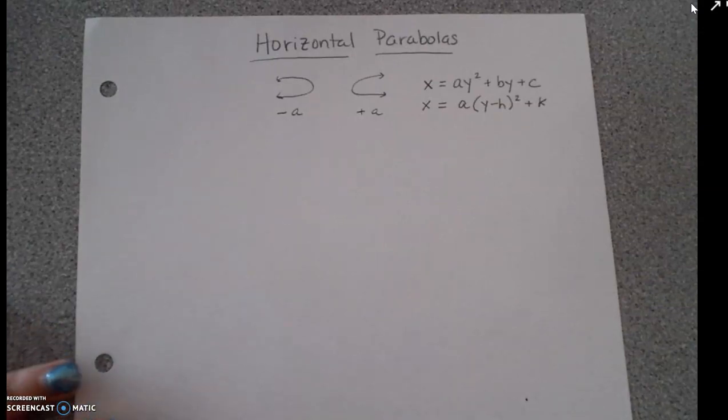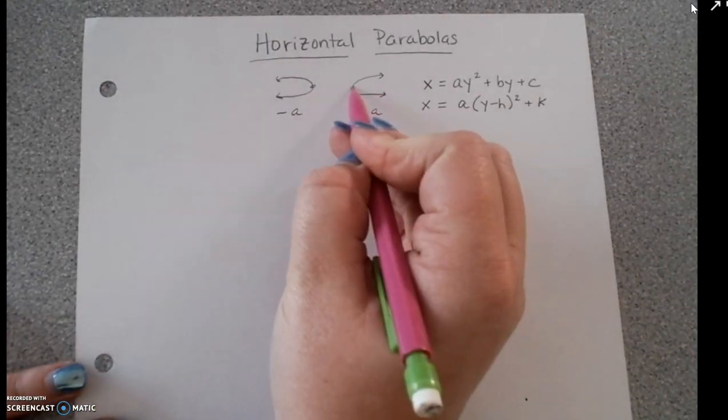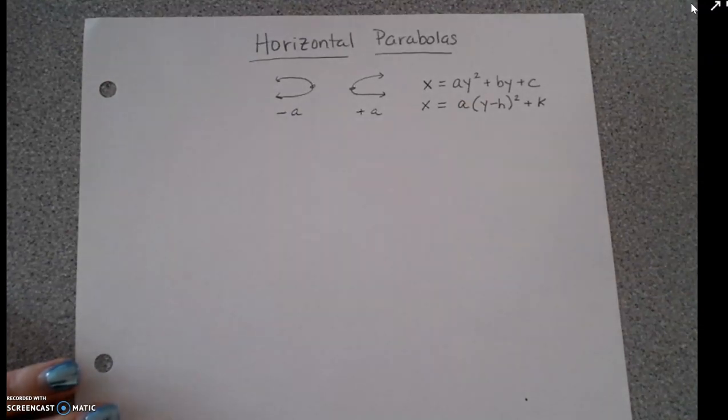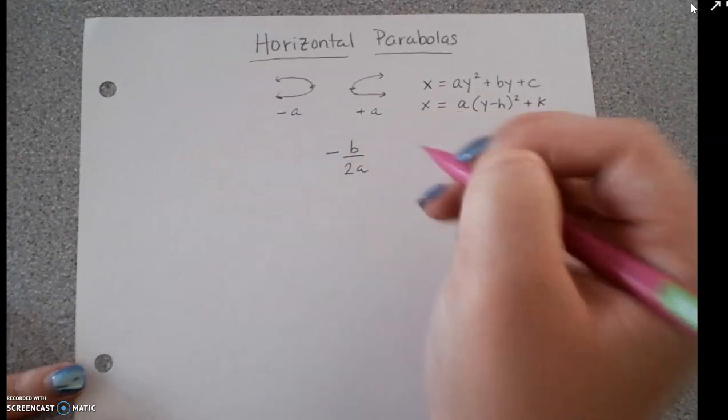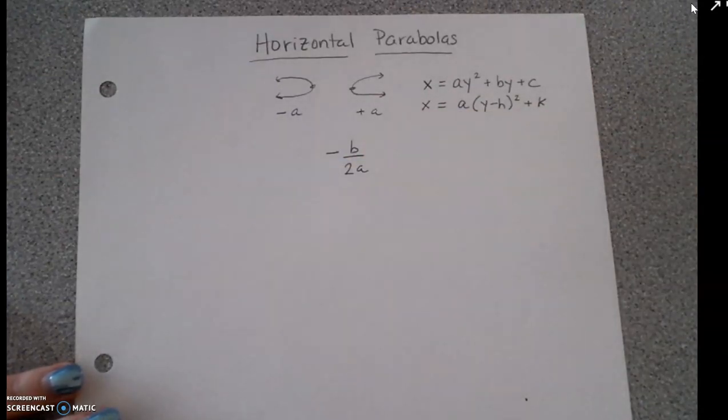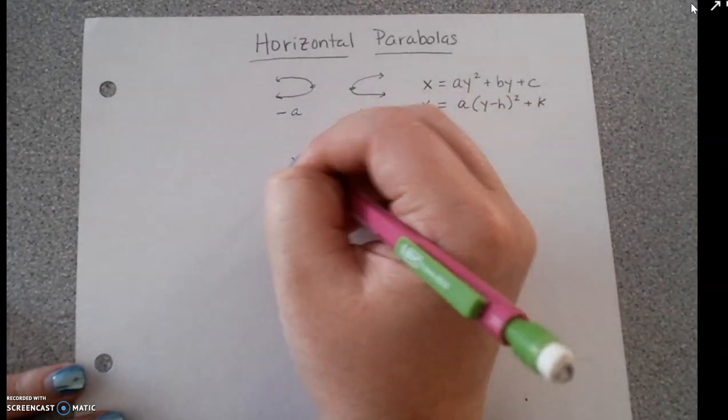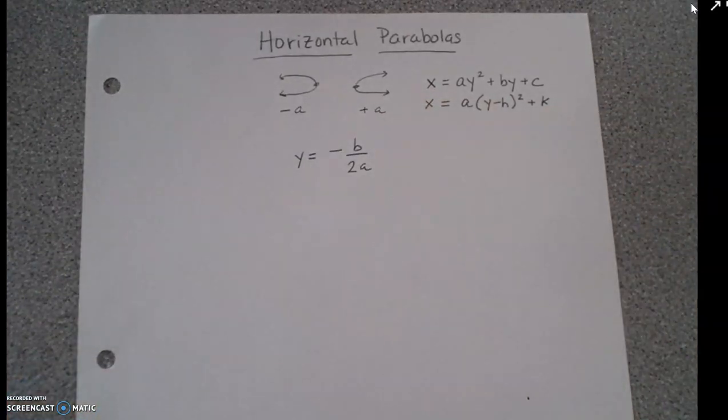We still have a vertex. However, the equation negative b over 2a doesn't give us the x coordinate, it gives us the y coordinate. So everything is just the opposite of what it usually is.